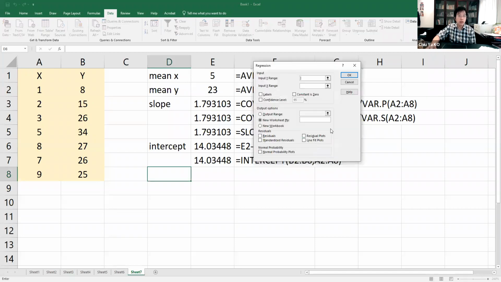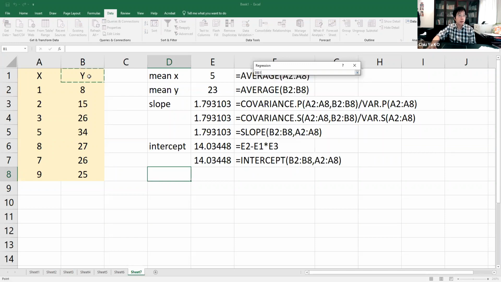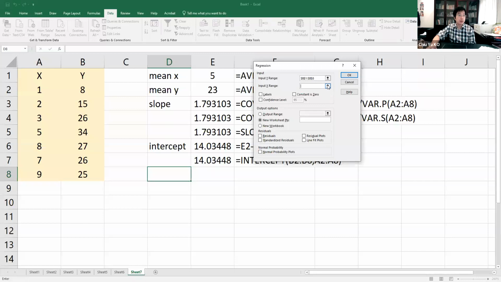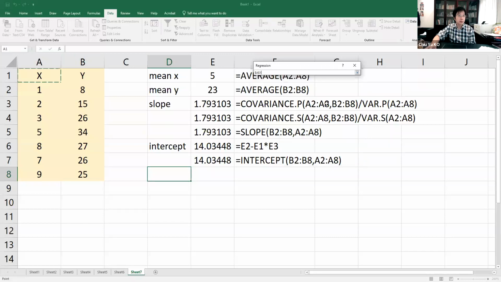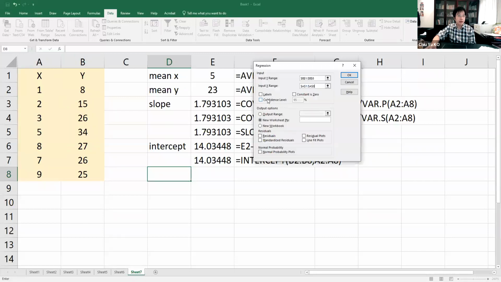Here comes out the regression input. So for the input range of y, you just pick the y. You can include the label, it doesn't really matter. The label of y, I put column B here, and for x, I put column x here. Because of the labels, I check Labels.